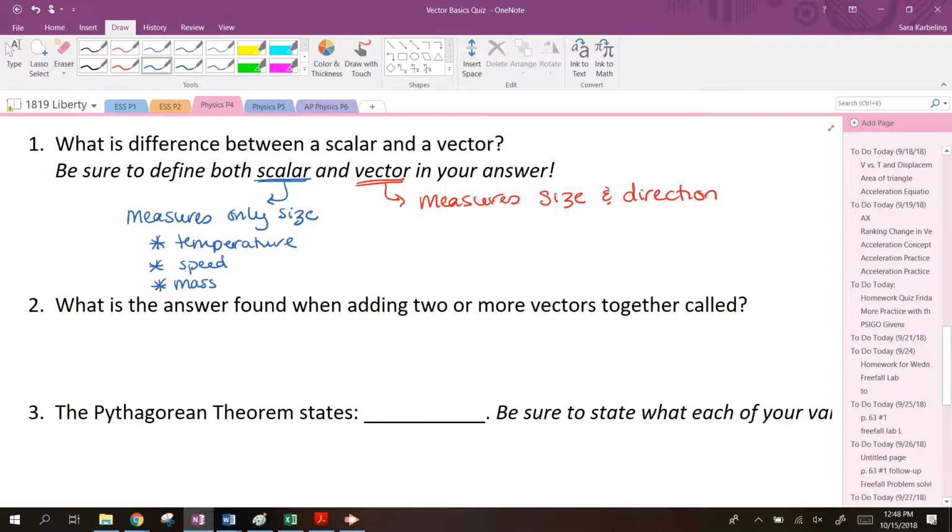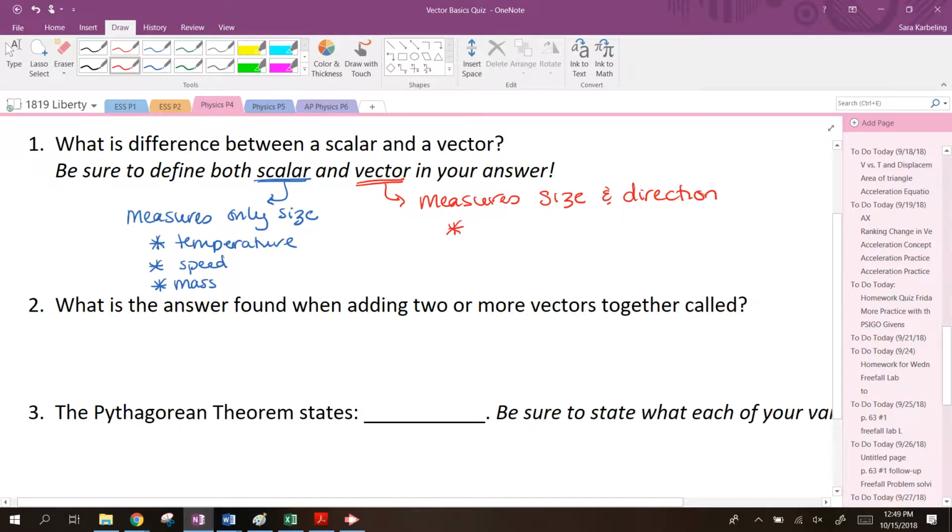It could be positive 3 degrees Celsius or negative 3 degrees Celsius, but it's just a number. Speed, okay? How fast are you going? 50 miles an hour. Mass, how much mass does it have? It has 30 kilograms worth of mass, okay? Those are all scalars. Vectors have to include a direction.